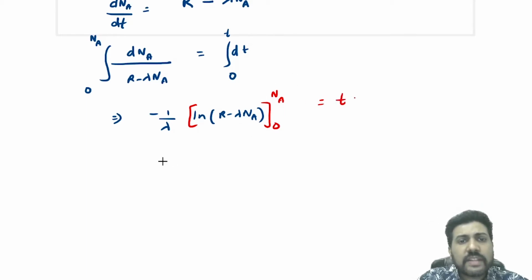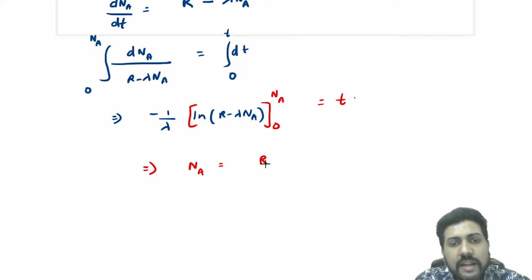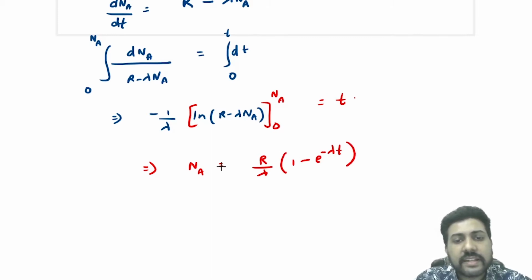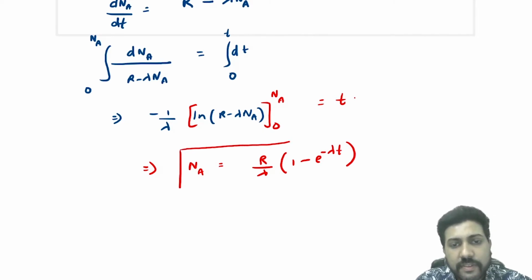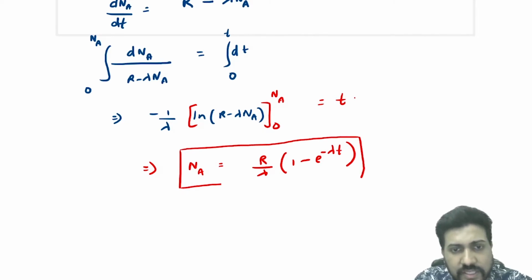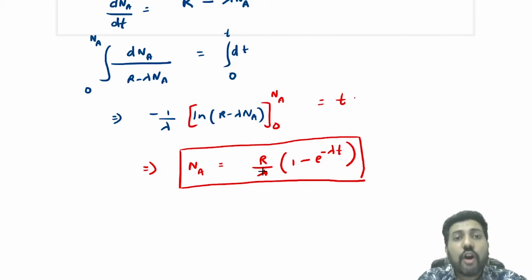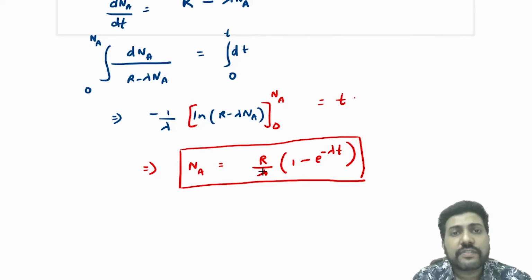Now when you put the limits, you will get Na is equal to R by lambda into (1 minus e power minus lambda t). I have directly written the answer. You can solve it yourself. So this is the number of nuclei of A as a function of time.